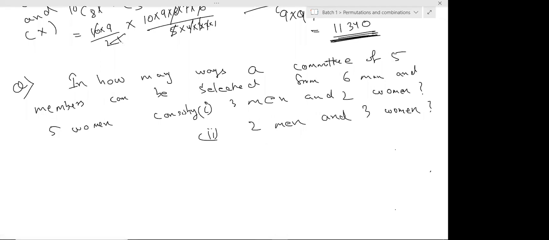Try to solve this. I'll give you a few minutes. So what is after 5 women? 5 members can be selected from 6 men and 5 women, consisting of 3 men and 2 women, or 2 men and 3 women.